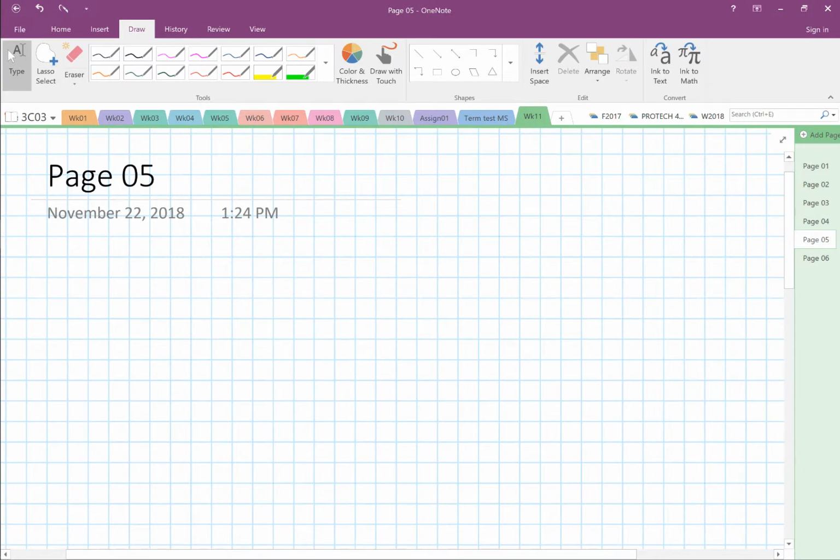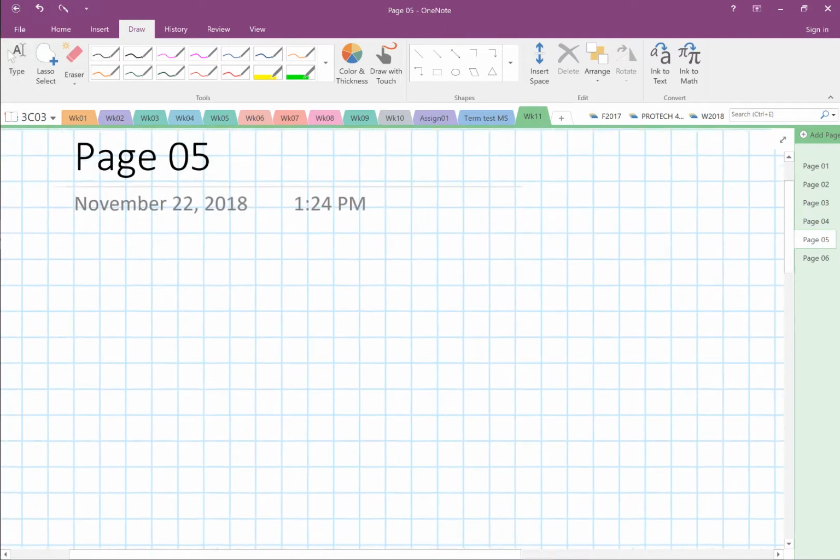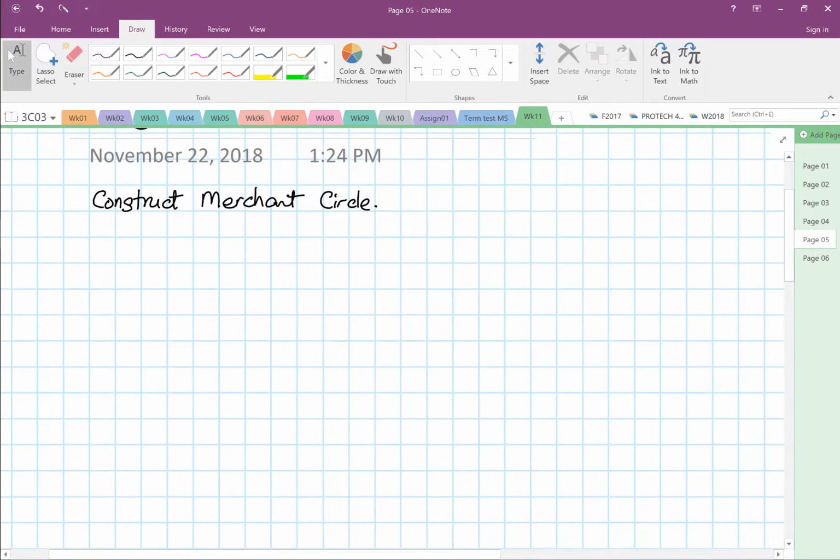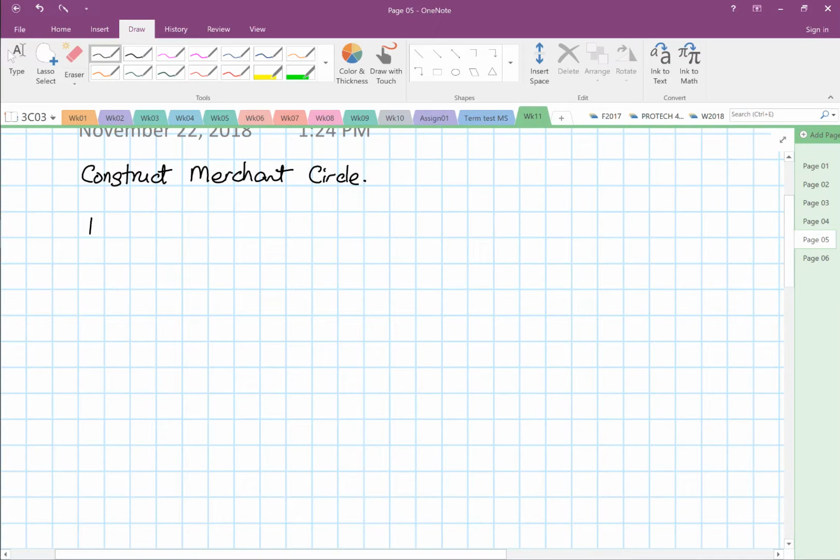So the first thing, construct Merchant circle. You have to set your scale first.